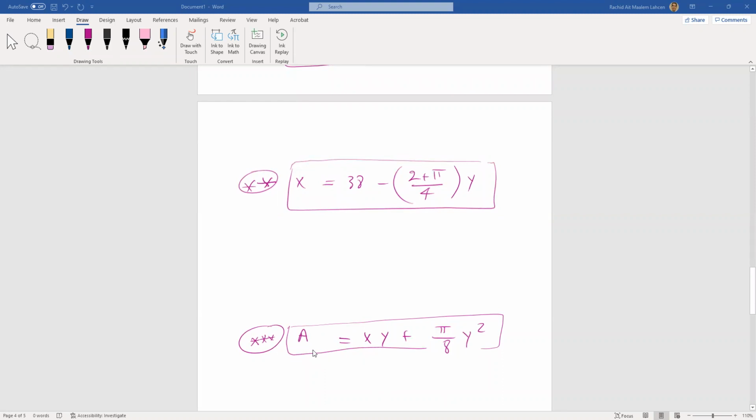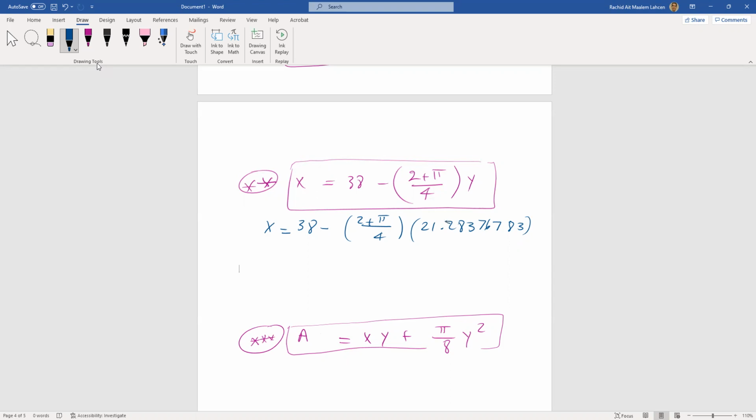Okay, so we go back to x and we put the y value that we found. It's 38 minus pi plus 4 over 4 times the y, 21.283767. Of course, you may use a good number like 6 digits after the decimal, and that still works.